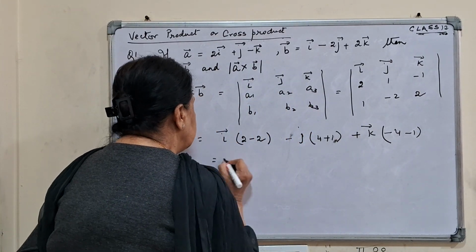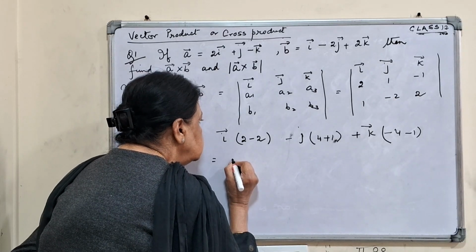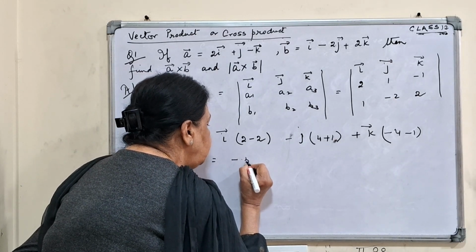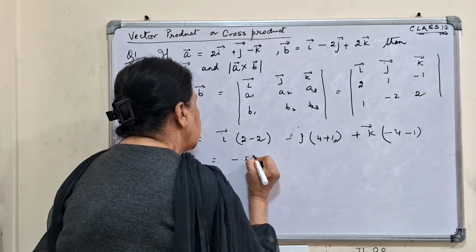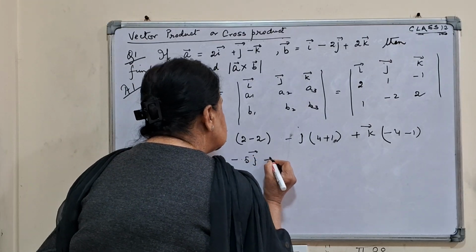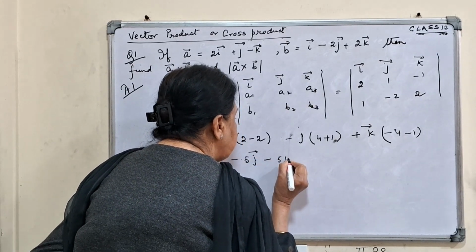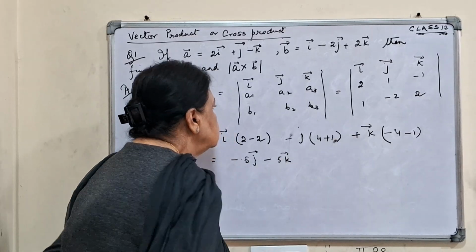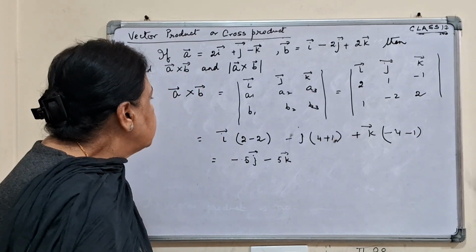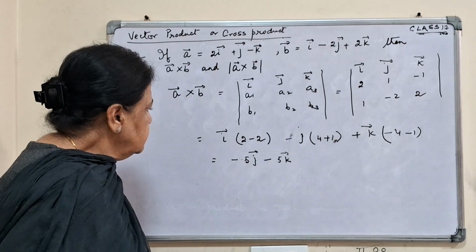That is equal to minus 5 j cap plus minus 5 k cap.